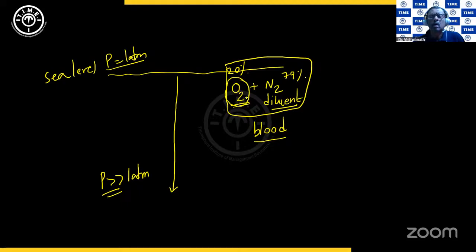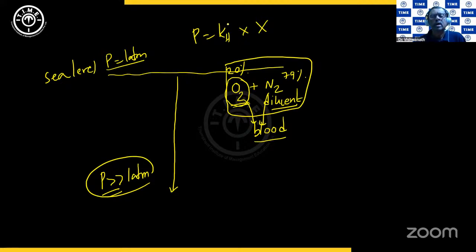As the oxygen and nitrogen are being taken up, they enter into the blood more because the pressure is more, because P equals KH into X.